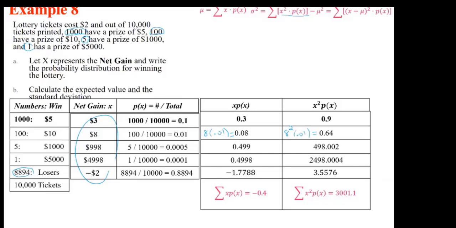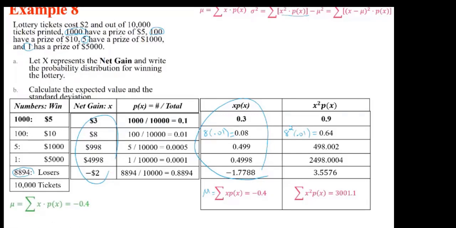With that being the case, we add up this column, we get the summation of x p of x, or mu, which is -0.4. And what we have here is the summation of x squared p of x. If you go to the top formula, you have to subtract mu squared from it and take a root to get the standard deviation. So mu, the summation of x p of x, is negative 0.4.